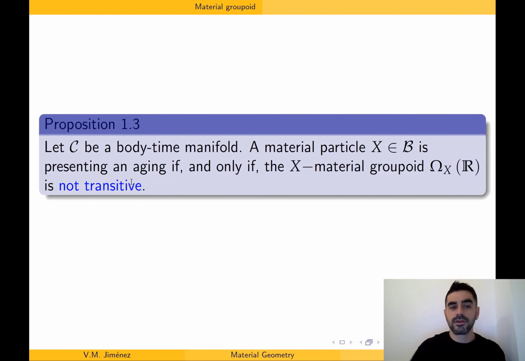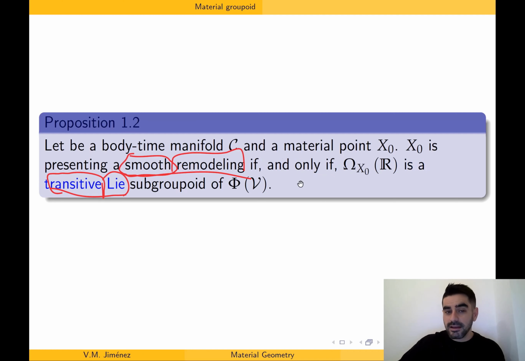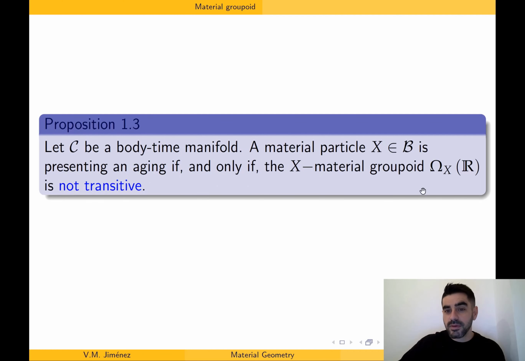Then another one, which is also easy to prove, is that a particle is presenting an aging when the material groupoid is not transitive, right? It is really obvious, because a remodeling is when this groupoid is transitive, then an aging should be when this groupoid is not transitive.